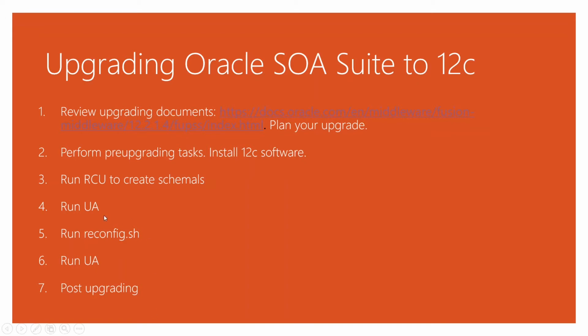So we did run the upgrade assistant once, and then run the reconfig.sh, and run the upgrade assistant again to upgrade the domain. So at this point, the domain is upgraded. Okay, so post upgrade: after you upgrade, there might be some other work you need to do.